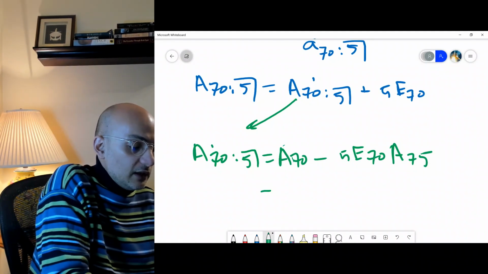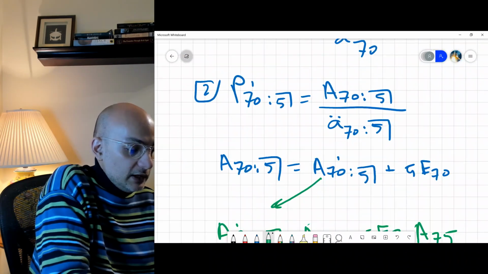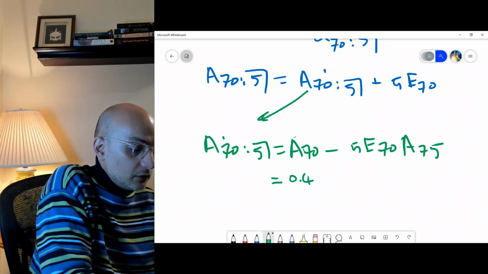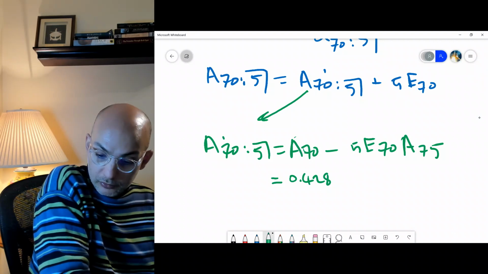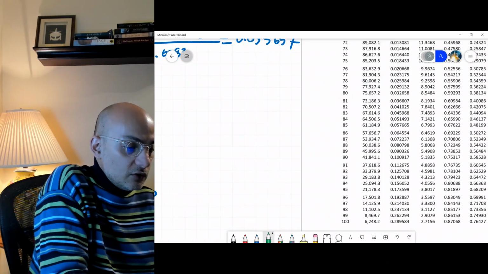Now if you go to the table, you need A70. We already found A70 here: 42818. Now 5E70, go back to the table here.